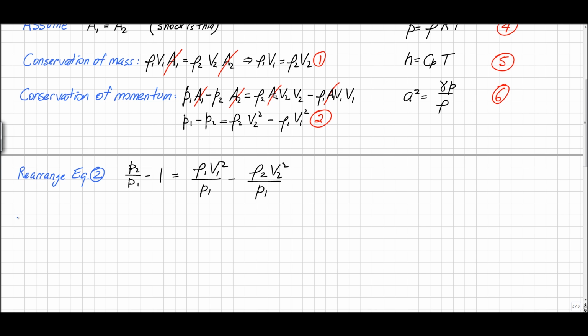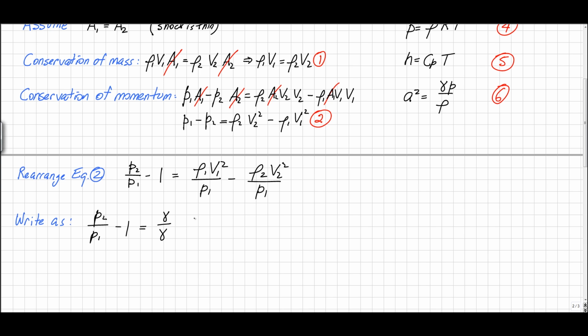And let's write this as, okay, we'll leave the P2 over P1 minus 1 on the left hand side. On the right hand side I'm going to start off by multiplying top and bottom by gamma.